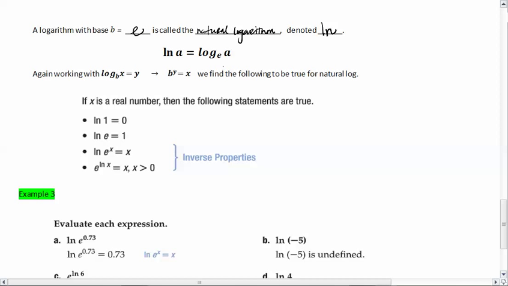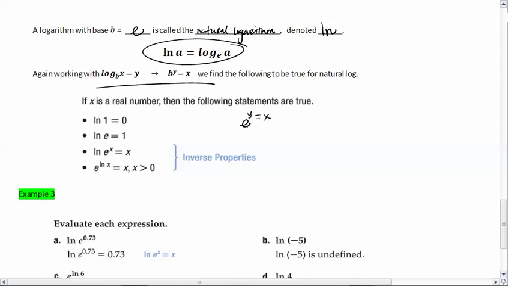And again, you need to remember log base b of x is equal to y is the same as saying b to the y equals x. So we can do the same with our base e, right? This is the same if we have natural log. The way that this becomes is e, because our base is e, to the y equals x.